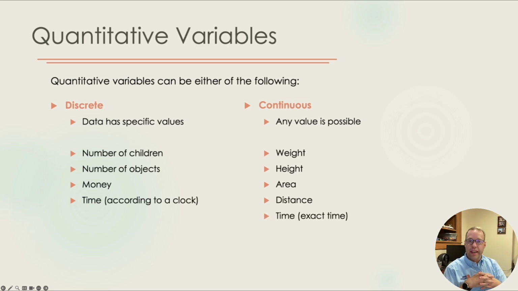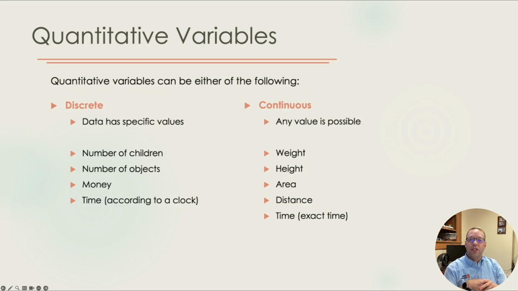And then finally, exact time. What is the exact time right now? I'm not talking about according to a clock. I'm talking about a very, very, very precise instrument to measure time. It could be 9:37 and 7.6372943764777732 on and on seconds.